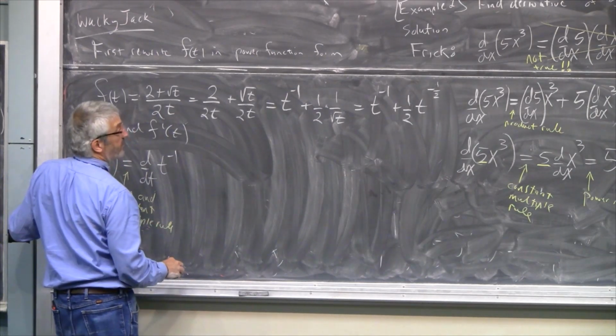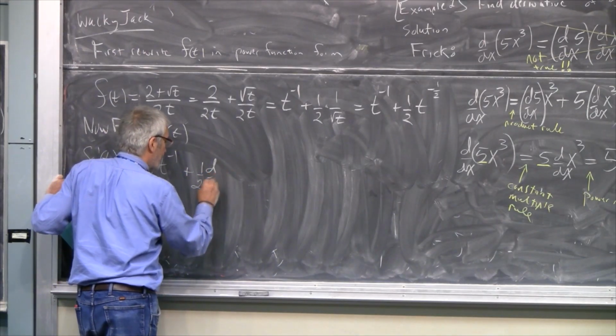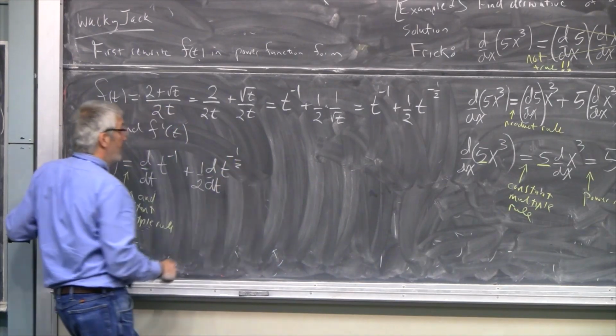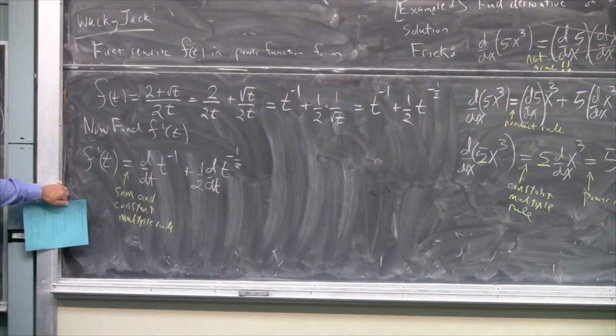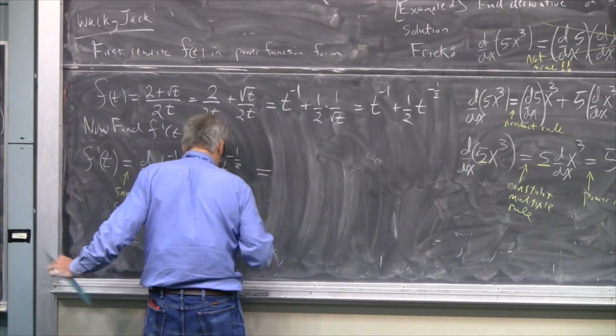So the derivative of t to the minus 1 plus 1/2 times the derivative of t to the minus 1/2. Notice the sum and constant multiple rule does not tell us what those derivatives are going to be. It just tells us that those are going to be the derivatives we should do next. So those are going to be power rule derivatives.